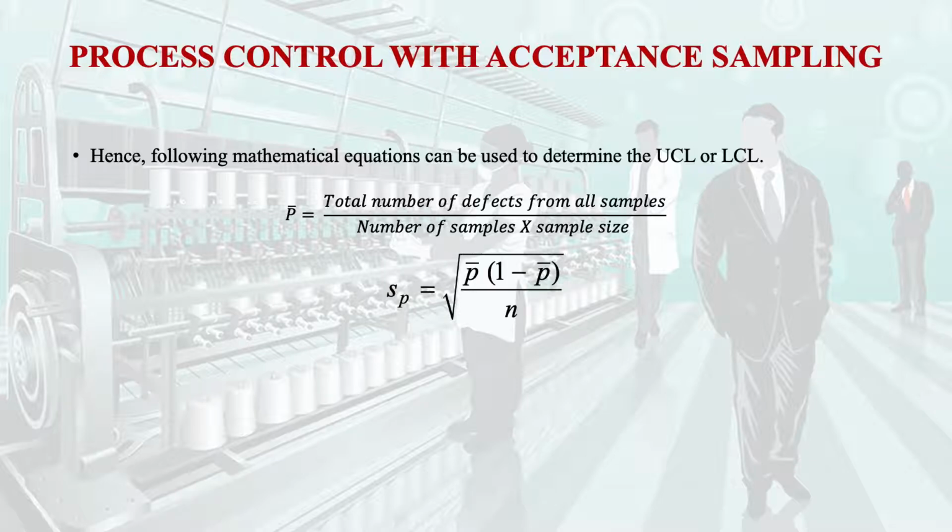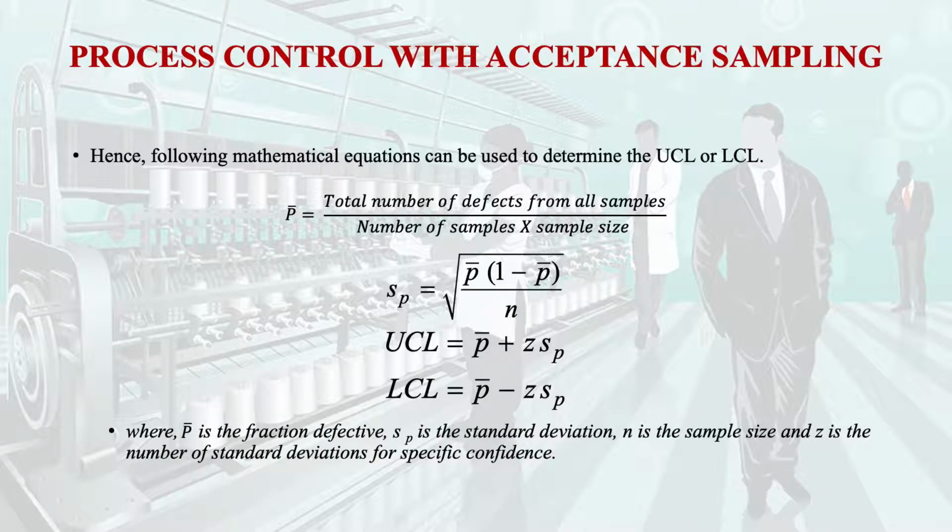The formula for SP is the square root of P bar times (1 minus P bar) upon N. If we want to calculate the UCL, it will be P bar plus Z times SP. Where P bar is the fraction defective, SP is the standard deviation, N is the sample size and Z is the number of standard deviations for the specific confidence that we get from the standard normalized table.